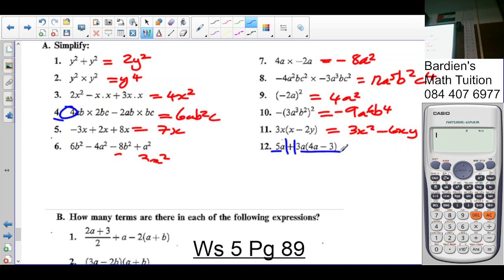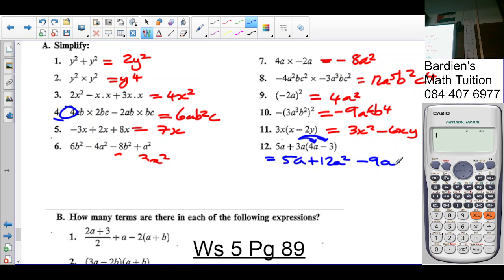There's 1, 2. Which is correct. Now, if we're looking at these two terms, before we can add and subtract them, we must simplify our terms first. According to BODMAS, brackets needs to be done first. Can you see that? So I'm going to multiply this in here. So it's going to be 5a plus 3a times 4a is going to give you 12a squared minus 9a.